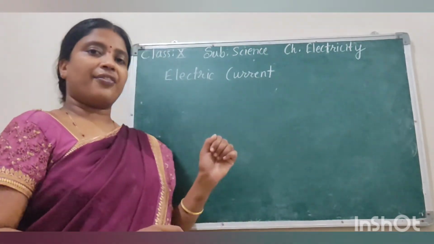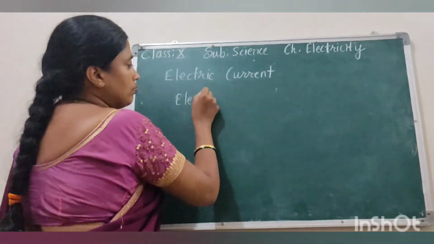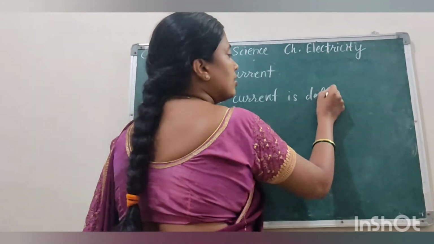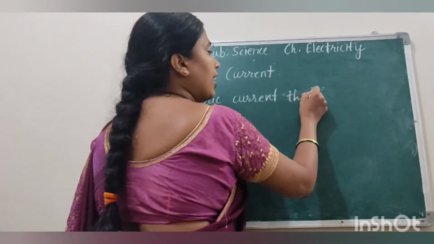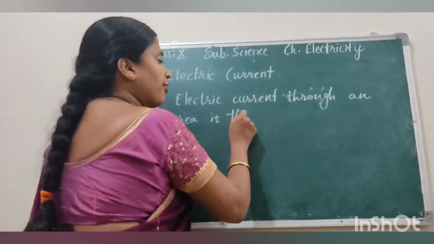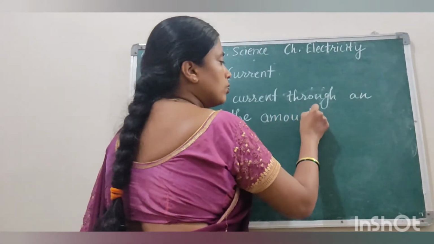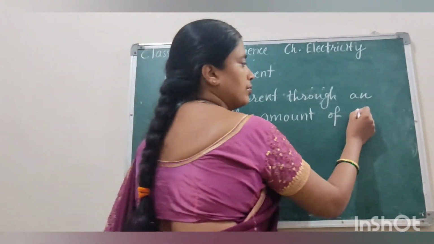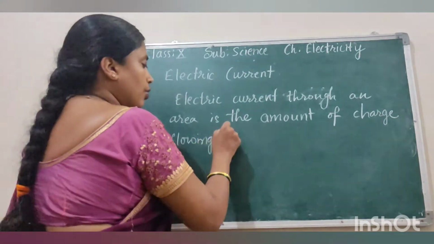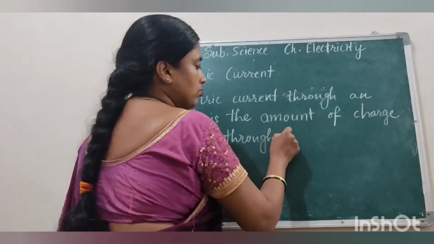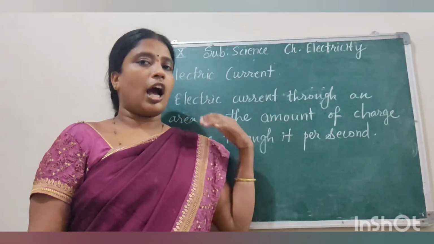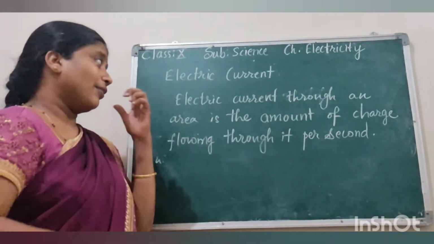So, electric current is defined as the amount of charge flowing through an area per second, or in 1 second how many charges flow through the conductor, that will constitute the current.